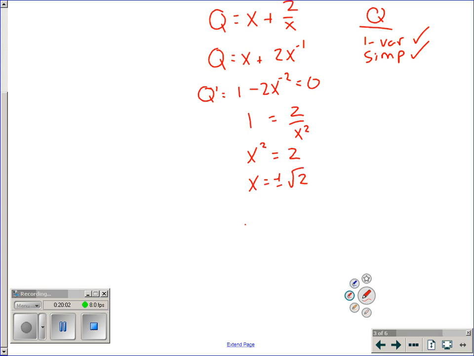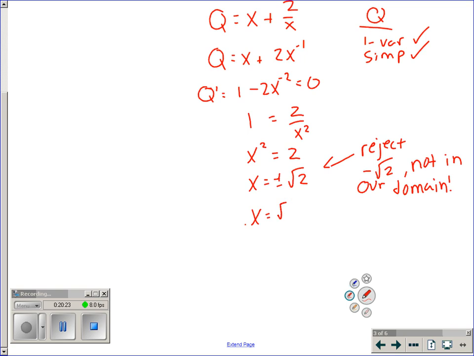So we got two values here, but think back to our domain. What do we have to reject? Well, it's only positive numbers, so I have to reject negative square root of 2 because it's not in our domain. So we only have one value here.